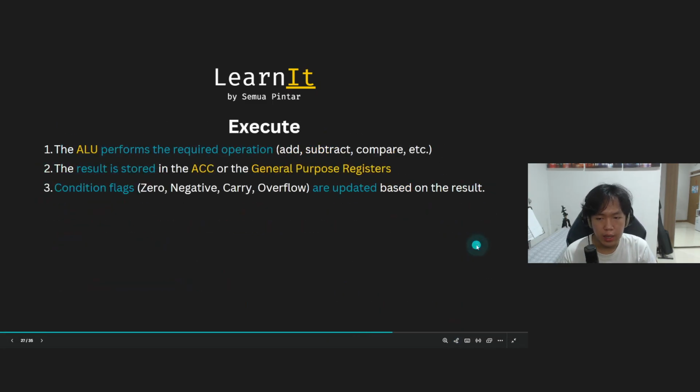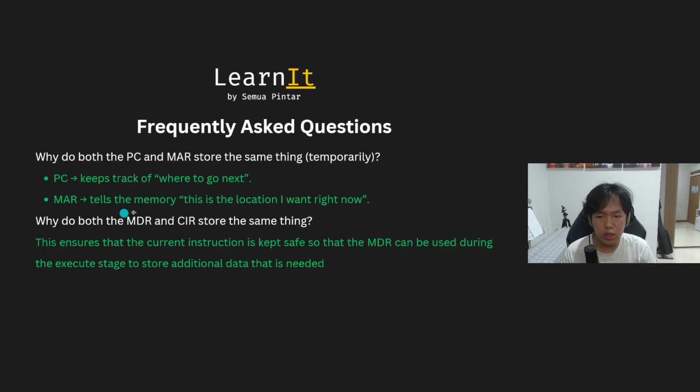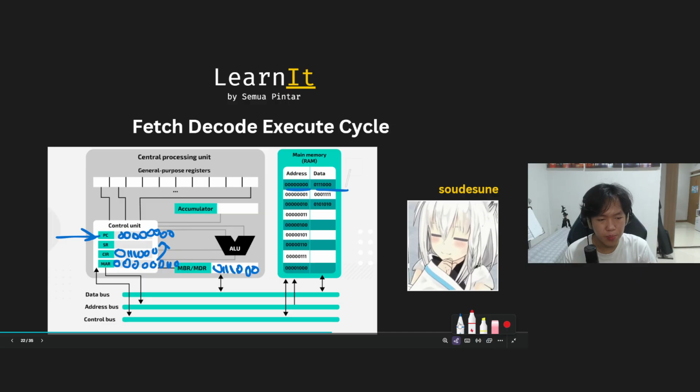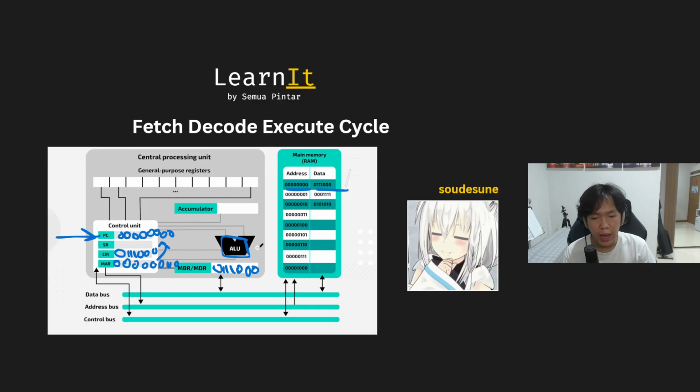This is because it ensures that the current instruction is kept safe so that the MDR can be used during the execute stage to store additional data that is needed. So when the ALU starts processing and does calculations, sometimes it needs extra memory or another storage device to help store some calculations. And if that's the case, then it uses the MDR.